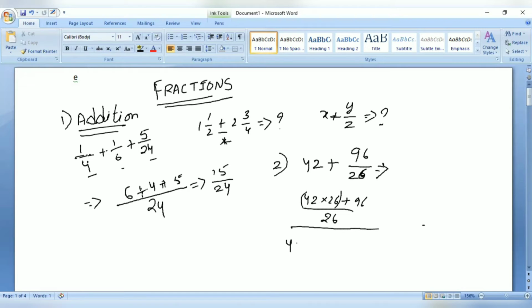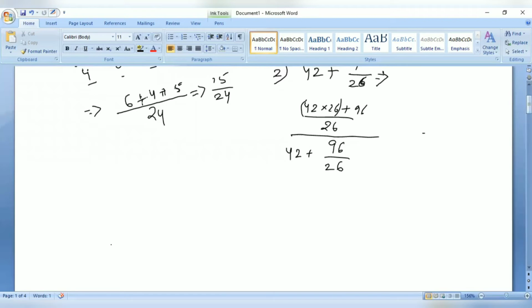Now the problem is 42 plus 96 divided by 26. Let us see how to solve the question using the shortcut. We know the LCM, we get 26. Now, using a simple technique, let us look at 26 and 96.